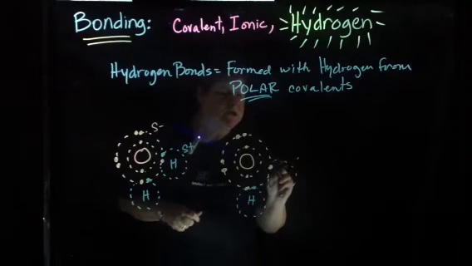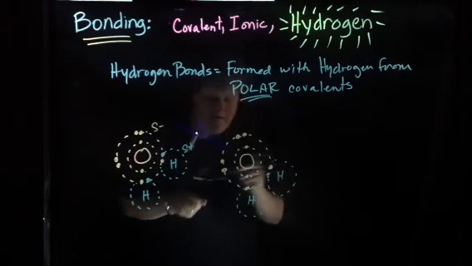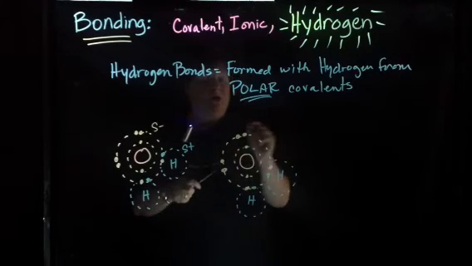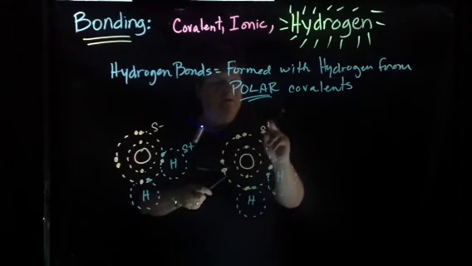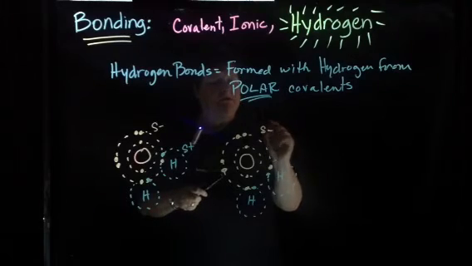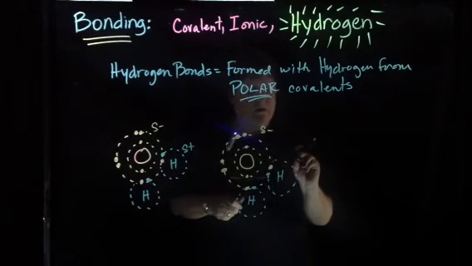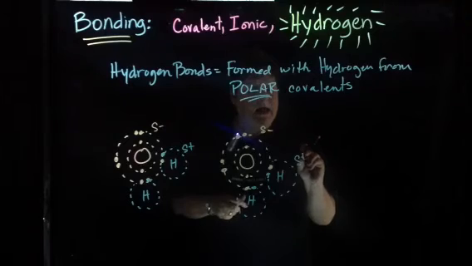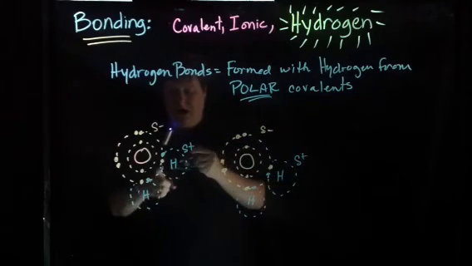And now the hydrogen and the oxygen both have filled valence electrons. However, oops, I'm sorry, it should be a negative charge. And however, they have that partial charge.